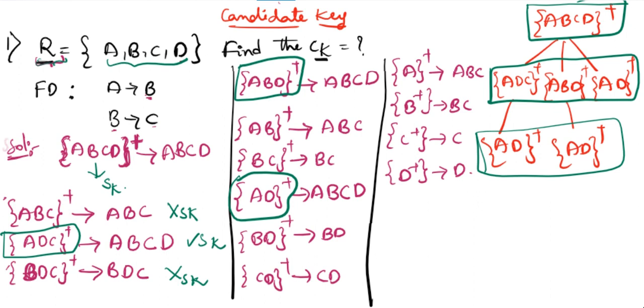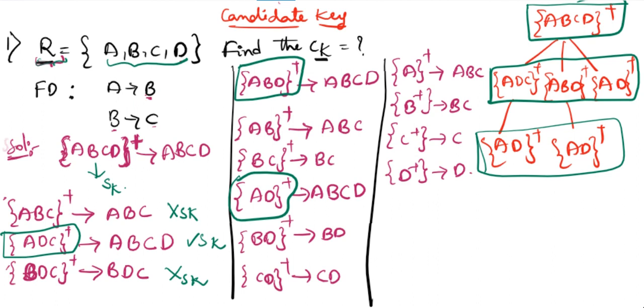Now what I am telling here: if a superset is having some of these subsets, those subsets are also super keys. So those super keys are not candidate keys. Which super key's subset is not a super key? That super key is called a candidate key.